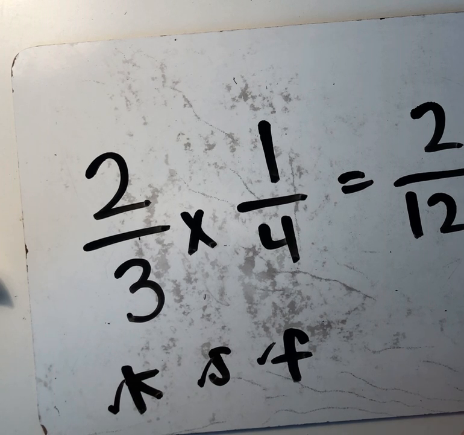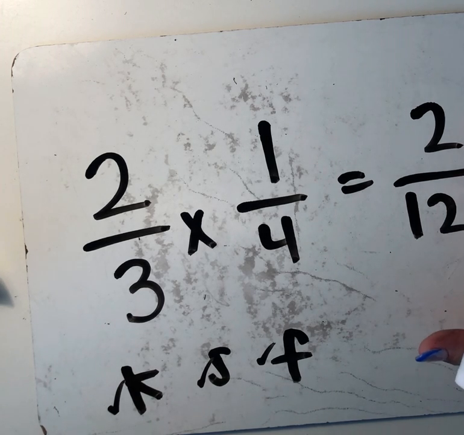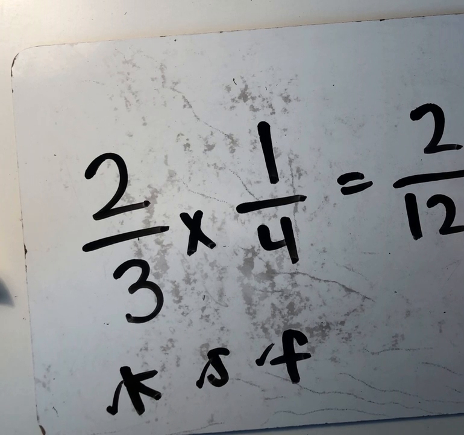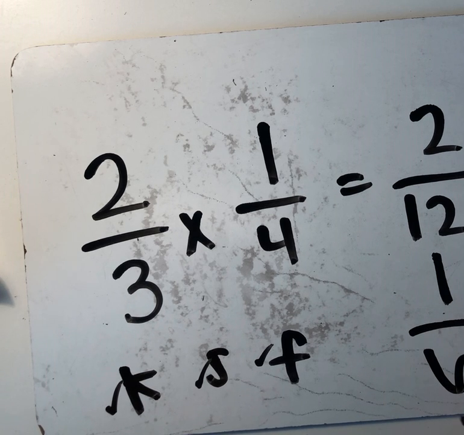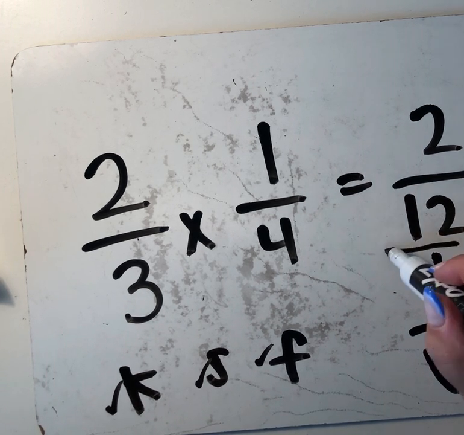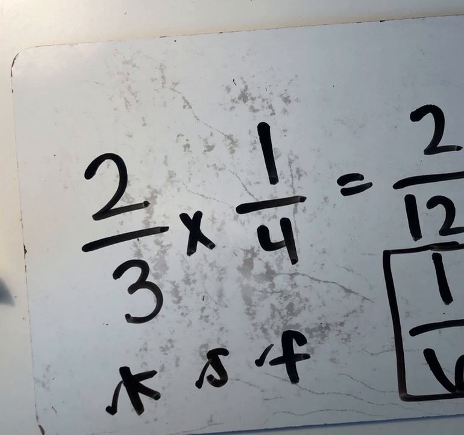Think to yourself, is there anything I can simplify this fraction by? Well, I know that I can divide 2 and 12 by 2. This is going to simplify my fraction. So 2 divided by 2 gives me 1, and 12 divided by 2 gives me 6. Can I simplify this fraction anymore? I can't, so this means this is my final answer.